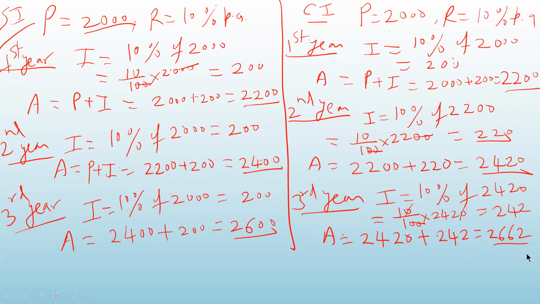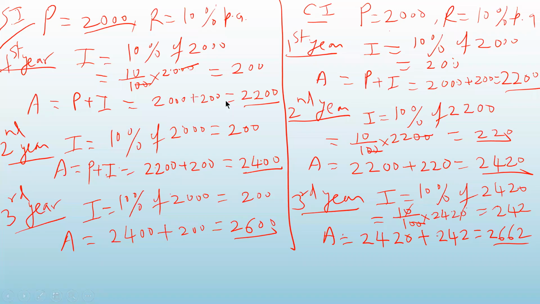Look at the comparison of the amount. In the first year, interest is the same and amount is also the same. But in the second year, the interest is more and the amount is also more. In the third year also, in simple interest you are getting only 200, while in compound interest the third year interest is 242. The amount you are getting is 2600 here, and here you are getting 2662.